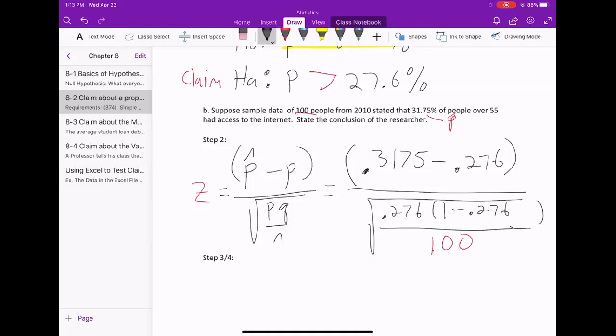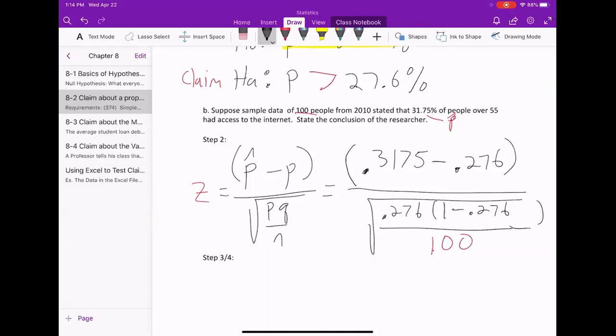So now I grab my handy dandy calculator. And I do parentheses, 0.3175 minus 0.276, divided by the square root of 0.276 times parentheses 1 minus 0.276, divided by 100.